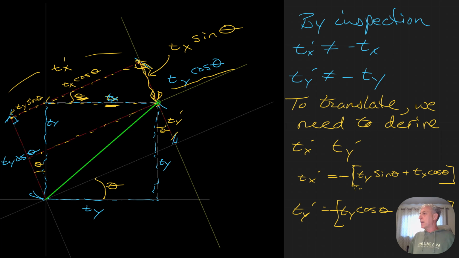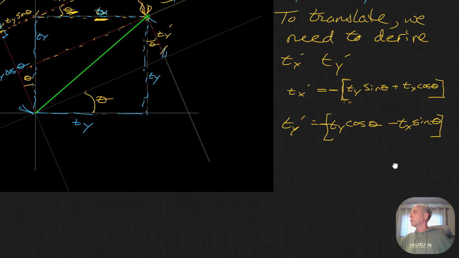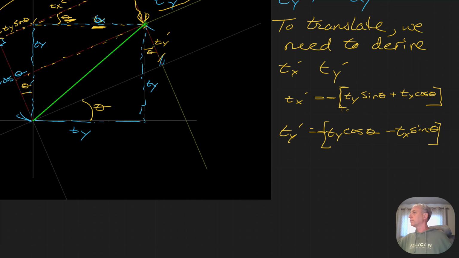And if I move my negative in, now I'm just going to work with the equation, so I don't need the diagram as much. Then I get Tx prime equals minus Tx cos theta minus Ty sine theta.